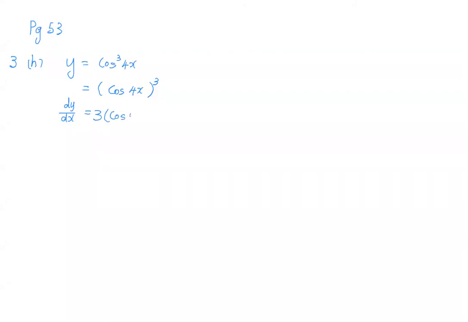Thank you. Copy down the whole thing. Power take away 1. Continue. Negative sine 4x. Yeah, you differentiate cos, you got sin. Copy down the angle. times another 4 times 12.